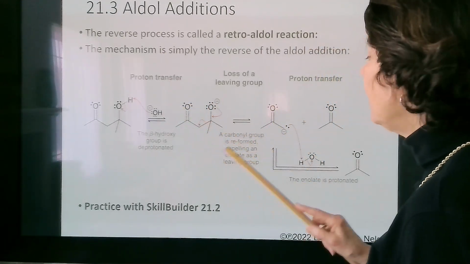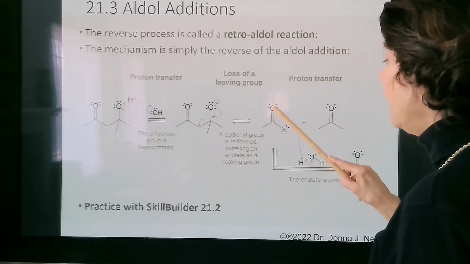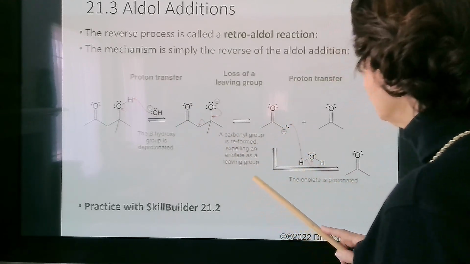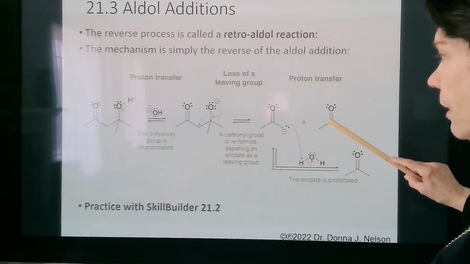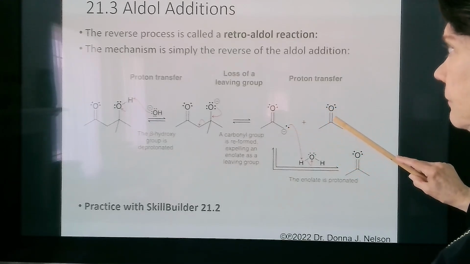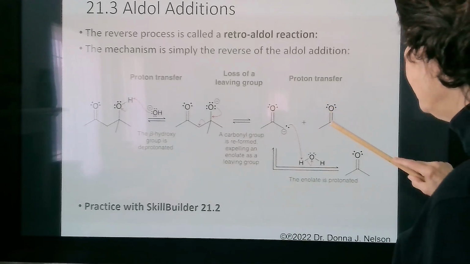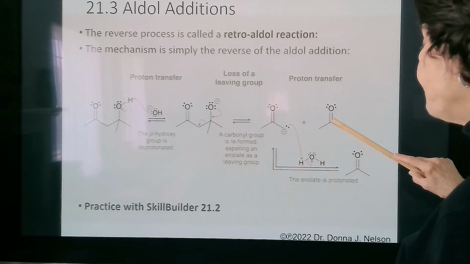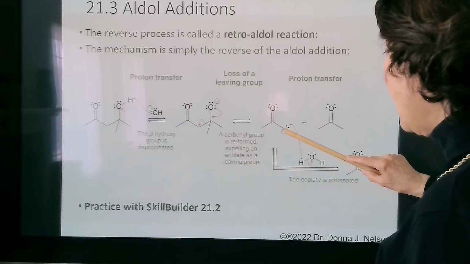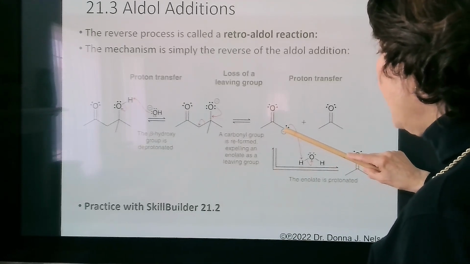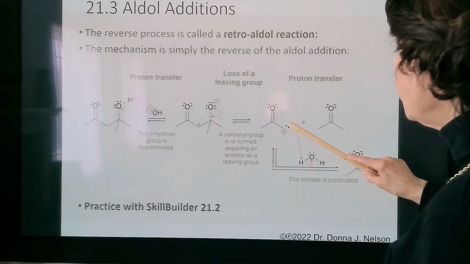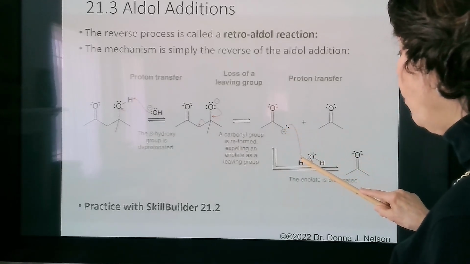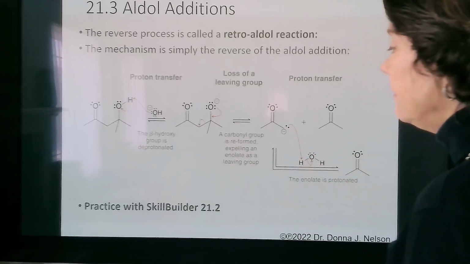This leaves, it's stabilized by resonance and conjugation, and so now you have this is a ketone, this is acetone, and the negative charge moves in, the negative charge is protonated by water to regenerate the hydroxide.